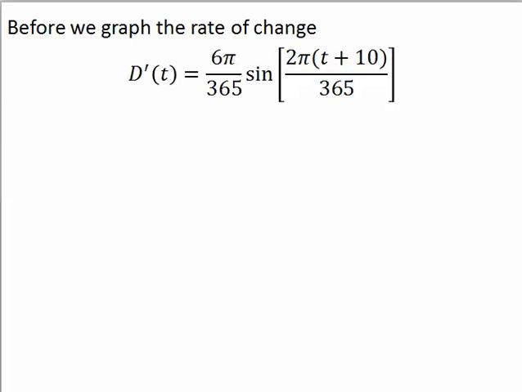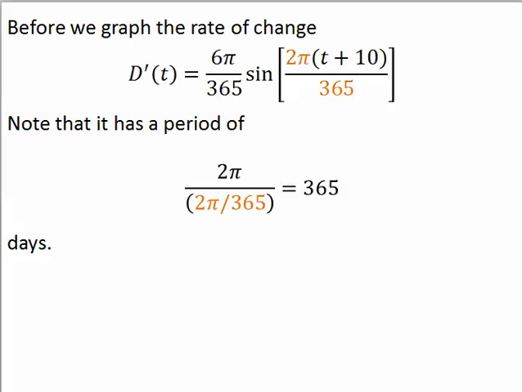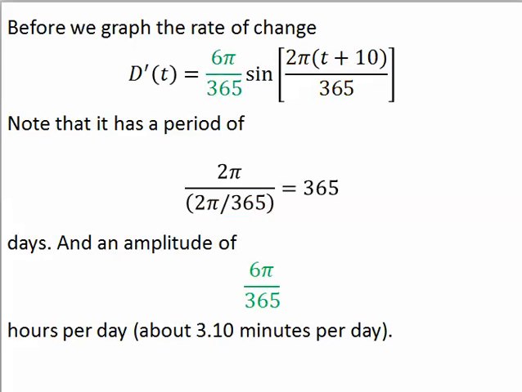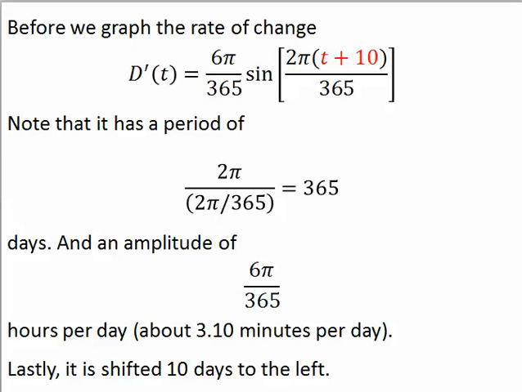But before I do that, I just want to point out that this rate of change of the daylight function has a period of 365 and an amplitude of 6 pi over 365 hours per day, which I changed to minutes per day by multiplying by 60. Lastly, I can see that the graph should be shifted 10 days to the left.